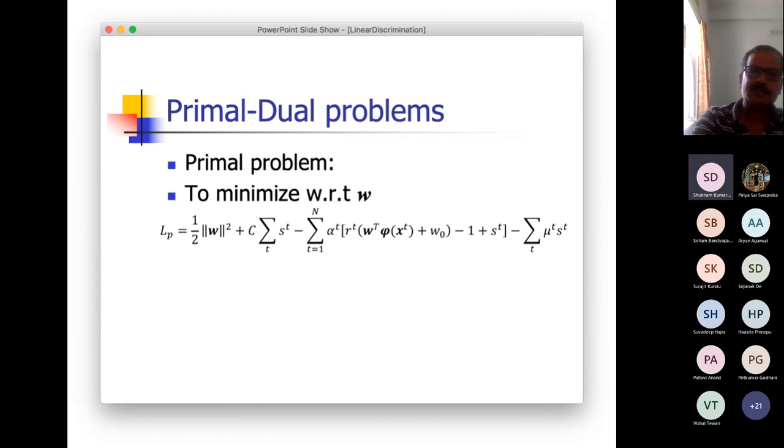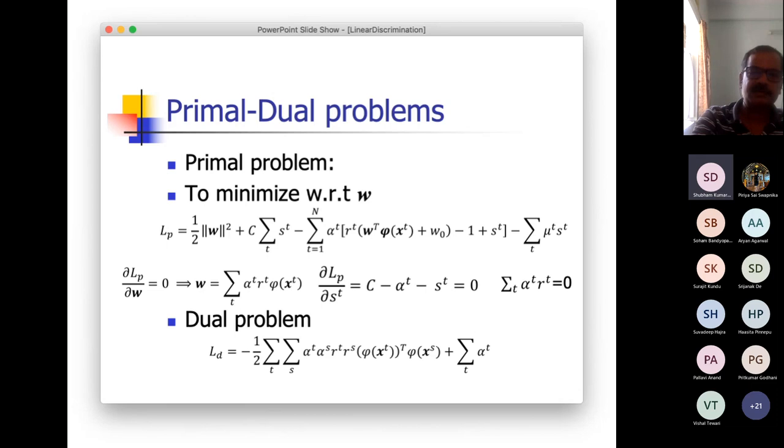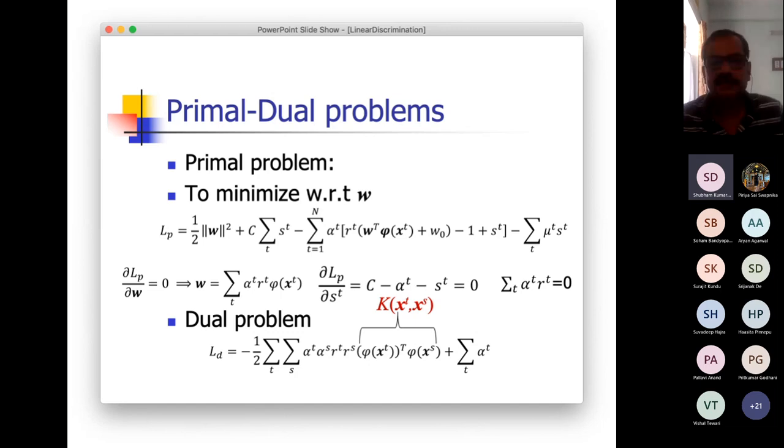So you'll see it's almost a similar problem formulation here, and the results are also similar, because instead of x we have phi x. So it looks like this: earlier we were taking the dot product of two samples, but instead of that we are now taking the dot products of the high dimensional, or transformed, feature vectors.